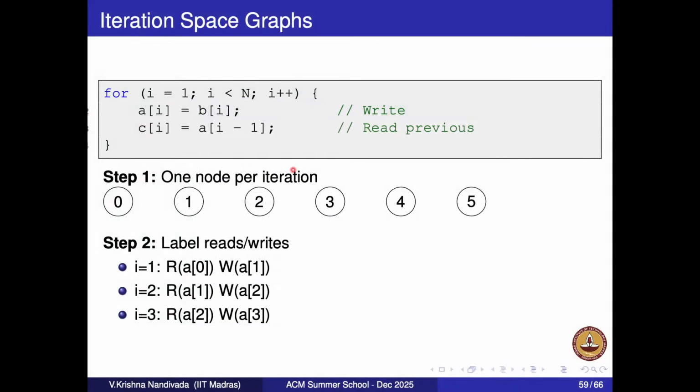So on this I equal to 1, I can have a label. I can keep additional information, what it reads, what it writes.